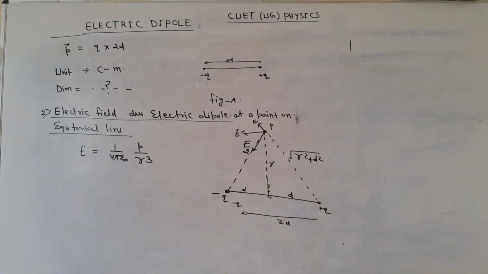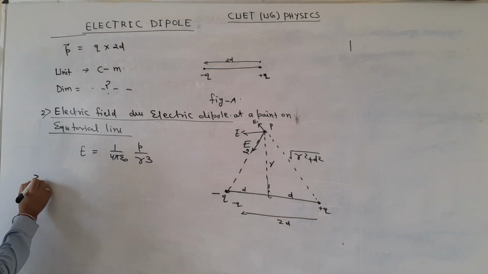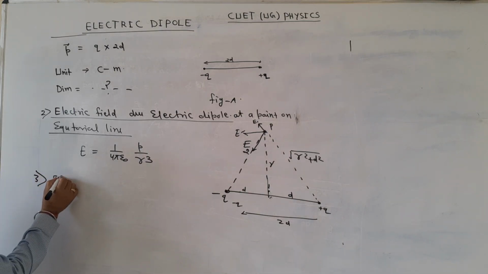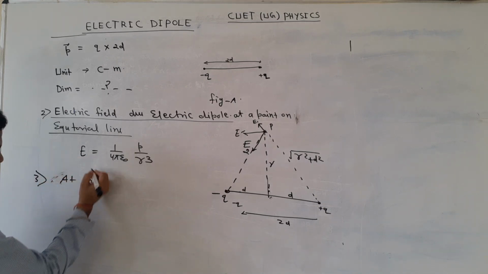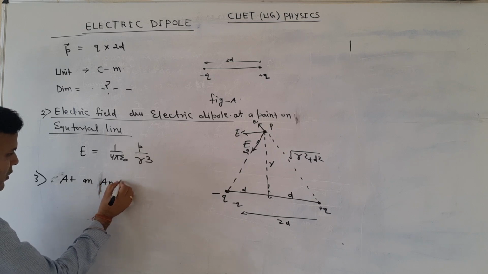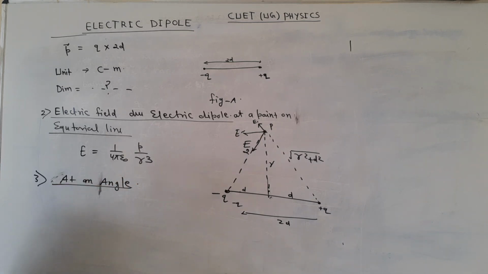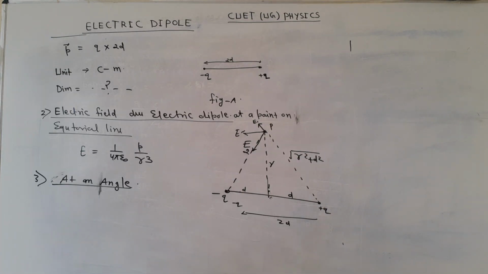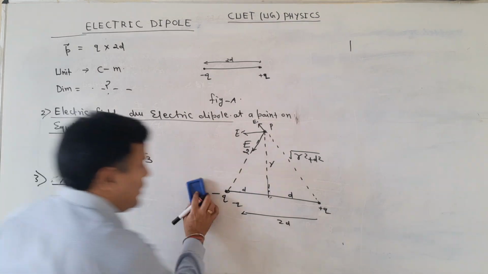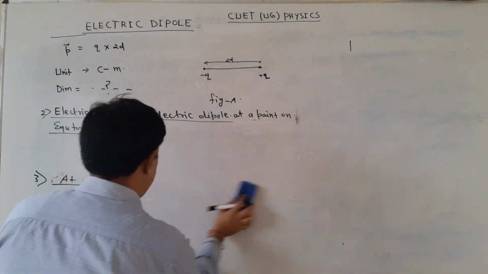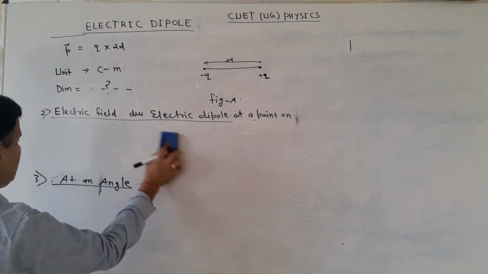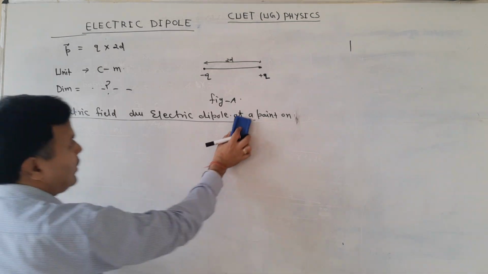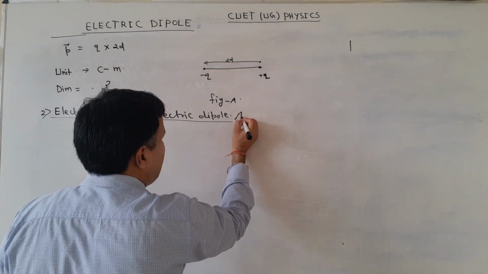Next we have electric field due to this electric dipole at an angle. Third, at an angle, means there is an angle between the dipole and the electric field. So in that case, let me draw the geometry. Dipole at an angle.